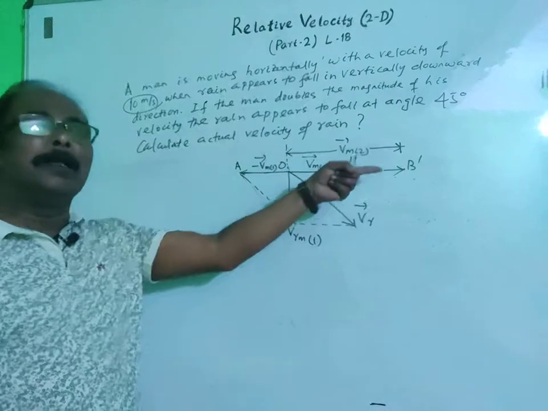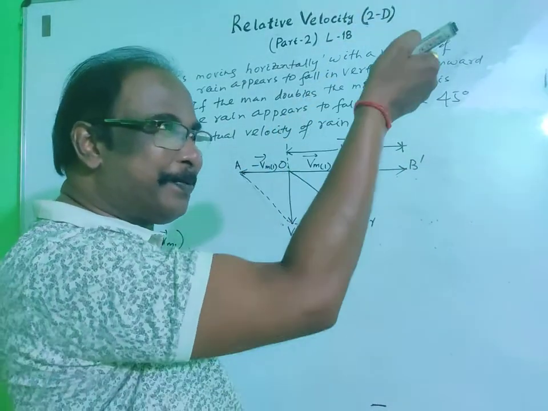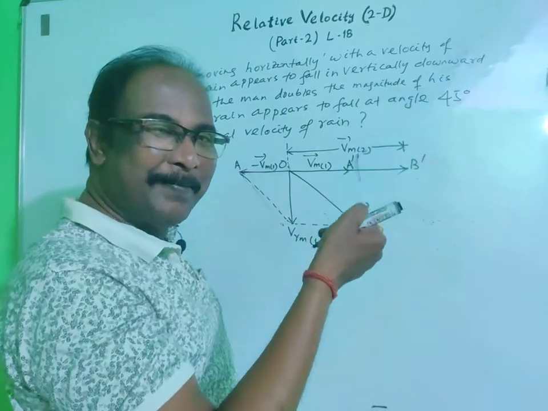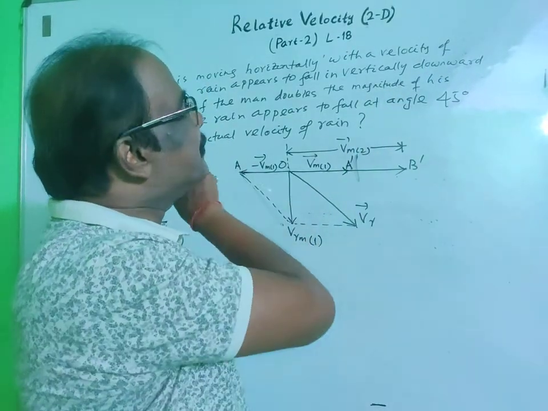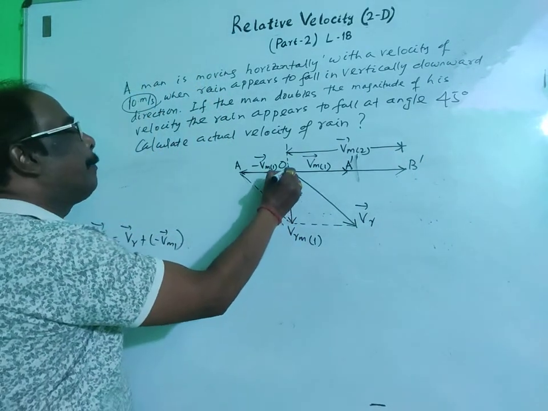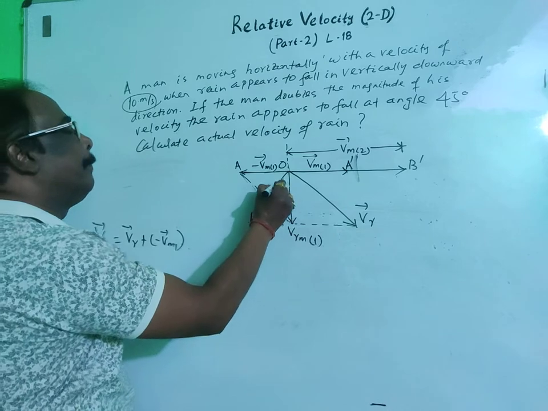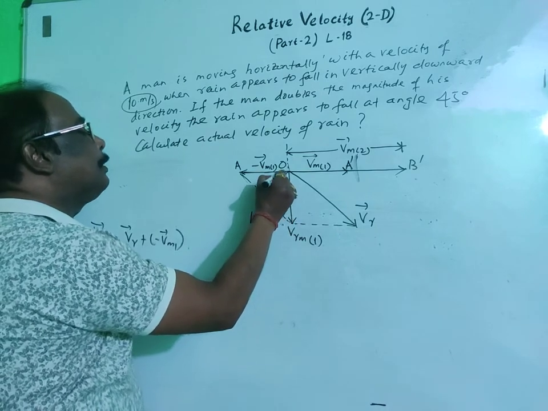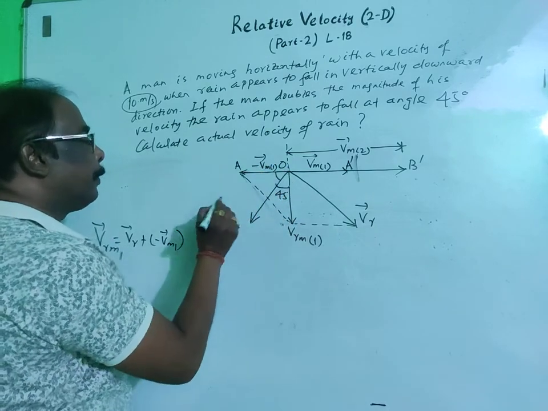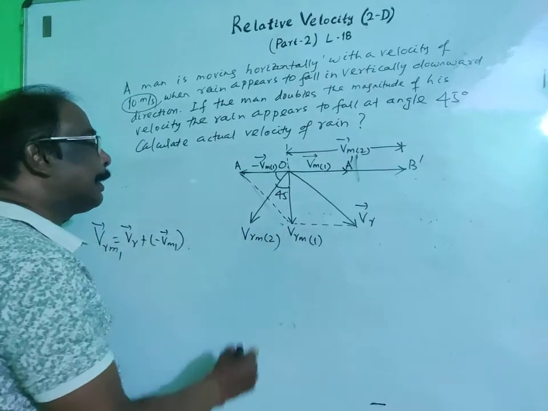If man doubles the magnitude of velocity, then rain appears to fall at an angle 45 degree. Man is moving along positive x-axis direction, and rain appears to fall at an angle 45 degree. You may take this angle is 45 or this angle is 45. So this is Vrm2 in second case.